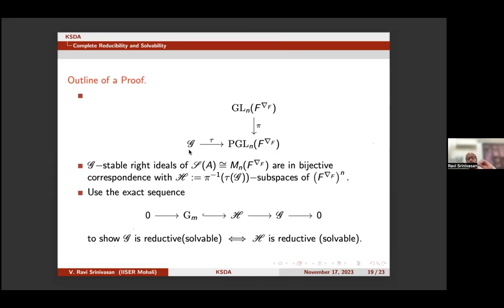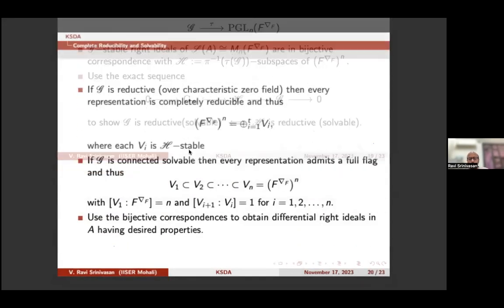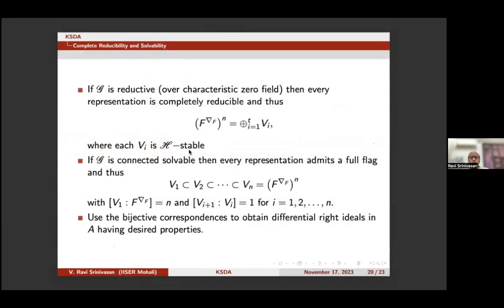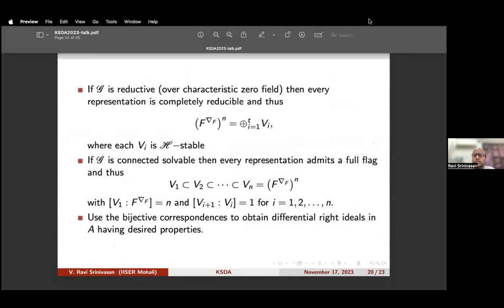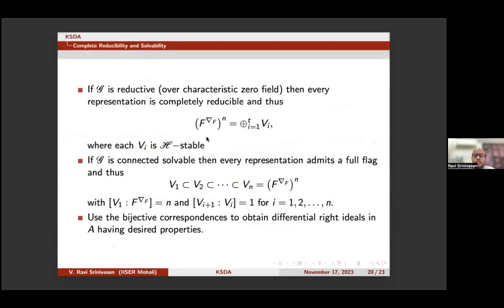In our case, since we are working over fields of characteristic 0, for reductive groups all the representations are completely reducible, and therefore, since H is reductive, the vector space is essentially going to be a direct sum. Similarly, if G is connected solvable, then so is H, and then H will also have a chain like this.